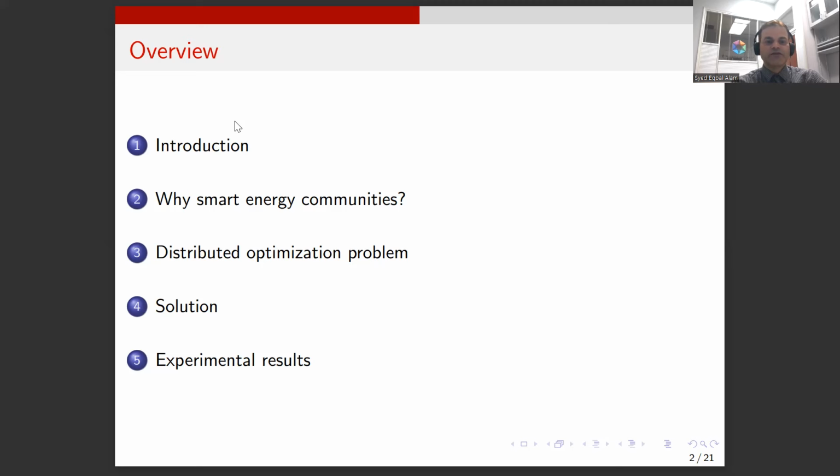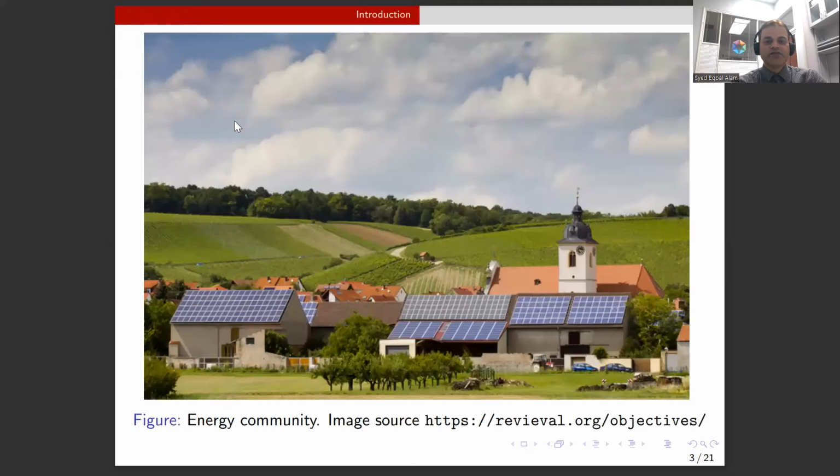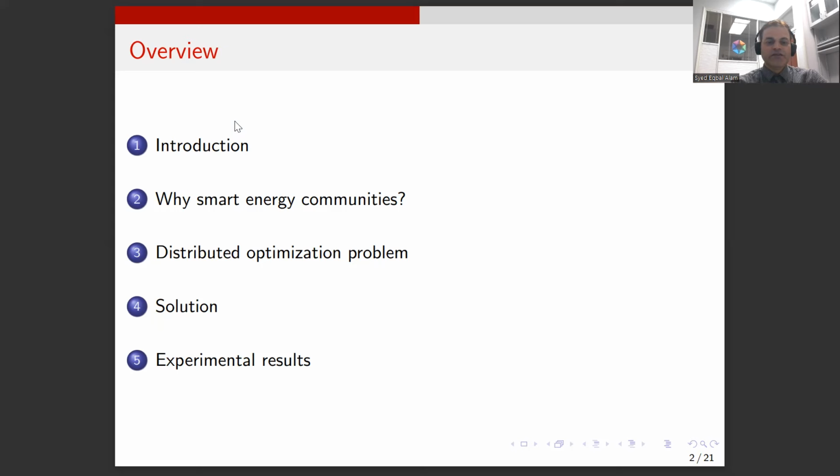Then we'll have a look at the solution approaches. Then finally, we'll go over the experimental results and we can find that following the solution approach, the community members can achieve the optimal values and the community can achieve social optimal value.